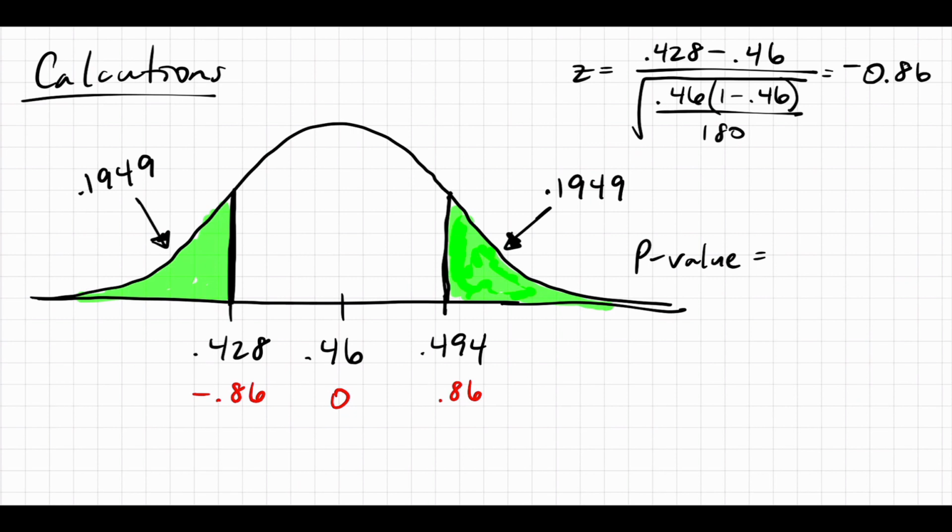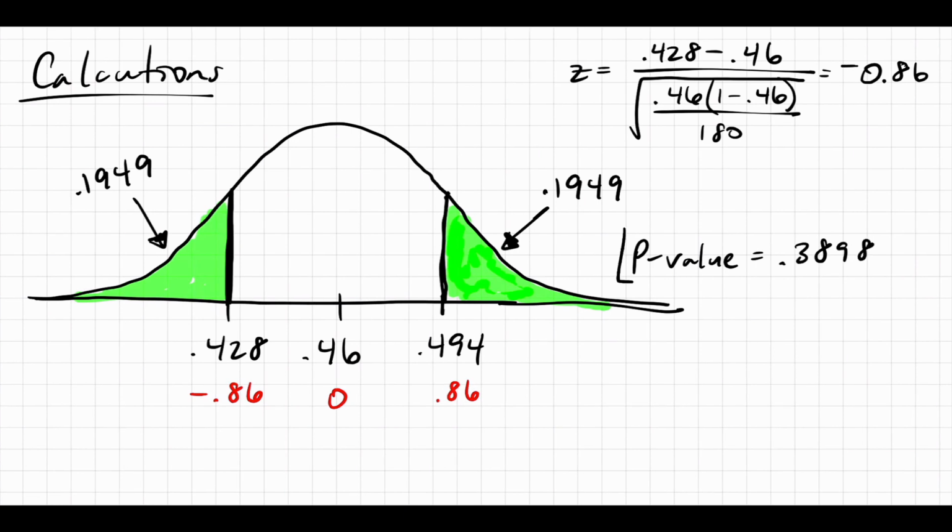Add those two up. This is our p-value. Our p-value is all of the green, not just one of the greens, both of the greens. So we just add these two? Yep, they're the same size. So you just add them up, and you get the green.